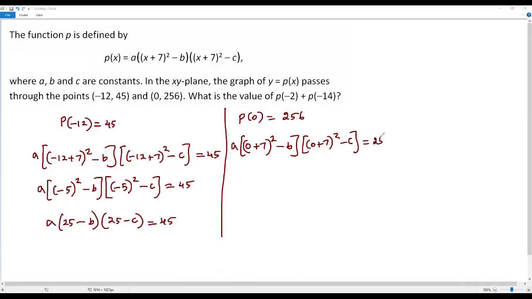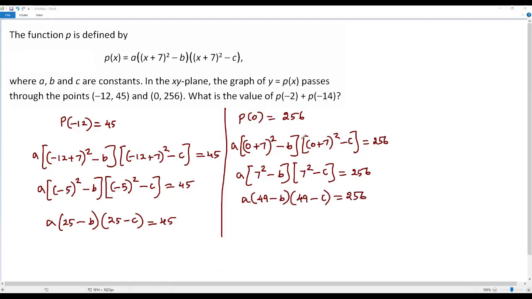On the right side we have 256. Okay, a times 0 + 7 is just 7, that is 7 squared minus b times the same thing here, 7 squared minus c equals 256. Okay, a times the value of 7 squared is 49. Then we get 49 minus b over here and here 49 minus c equals 256.